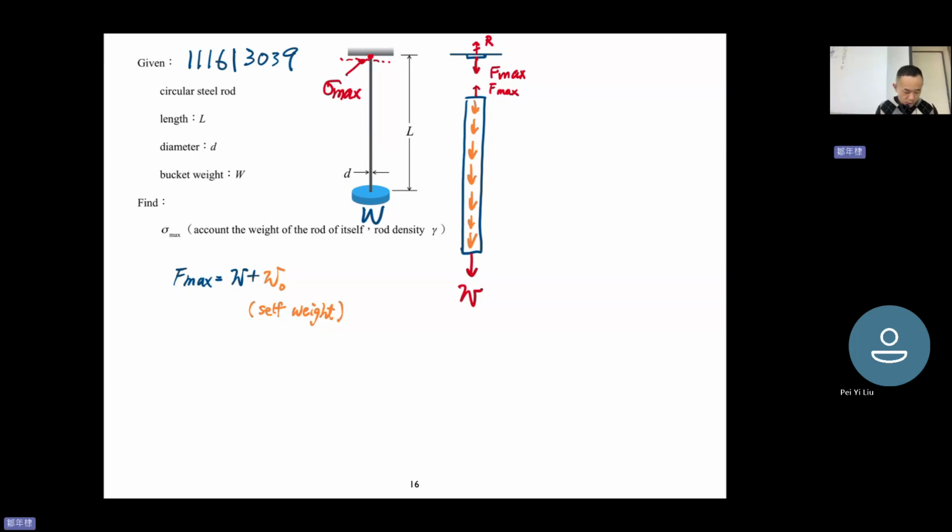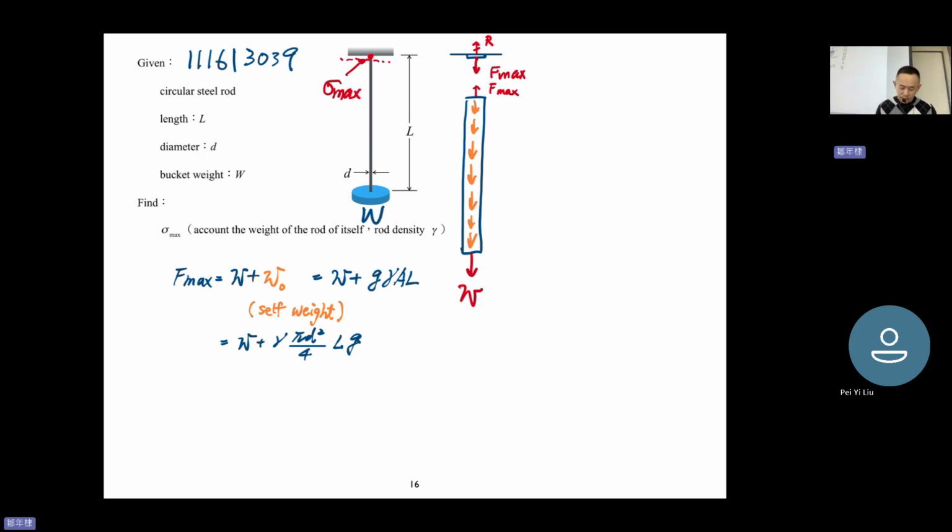Let's continue. W plus gamma A L g. Gamma is the density of the bar, and A L is the volume, so you can get the mass. The mass times the gravity g is the force. So W plus gamma pi D squared over 4 times L g.